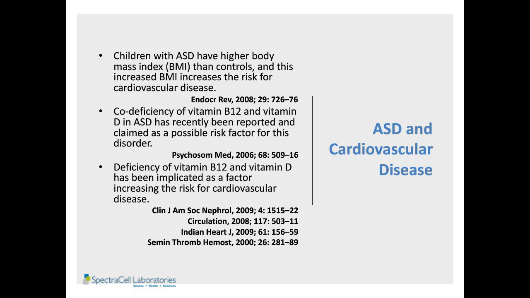Well, we know that B12 is associated with homocysteine, and it may be one of the reasons why cardiovascular disease is also associated with this group. And, of course, we talked about vitamin D and the relationship with inflammation with these individuals as well. So we can't just think short-term and just think neurological. We also have to think other systems like cardiovascular disease with these particular individuals, in addition to, of course, the neurological component.